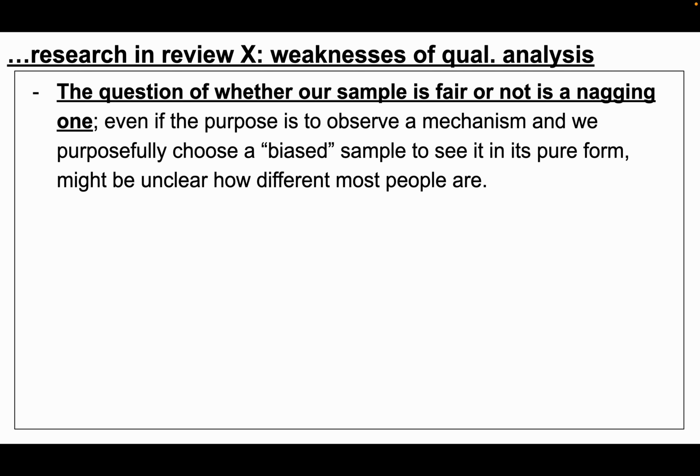If your biased sample is just really wacky, then your research doesn't matter nearly as much. And that's something that I think a lot of qualitative research doesn't really confront head on.